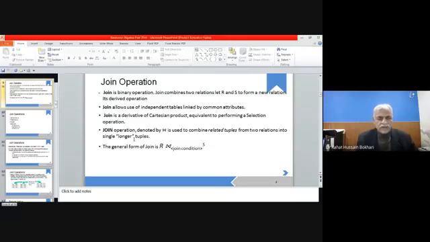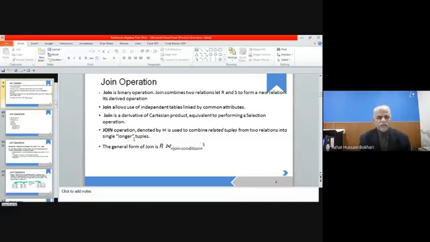So remember, whenever you join two tables, there exists an attribute within both, that is the common attribute. This is the second condition for joining. So join is a derivative of Cartesian product. We carry out Cartesian product before joining the tables, and further perform the selection operation.